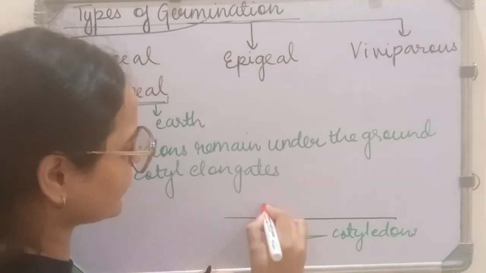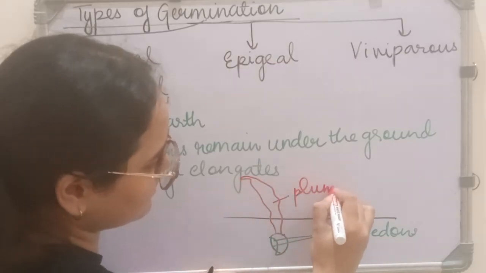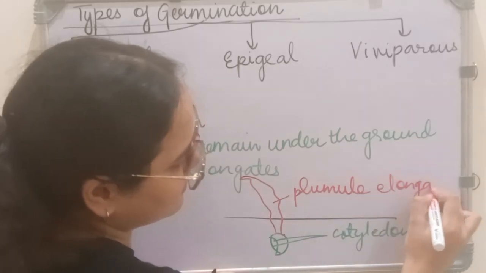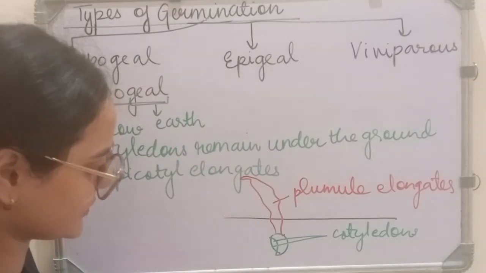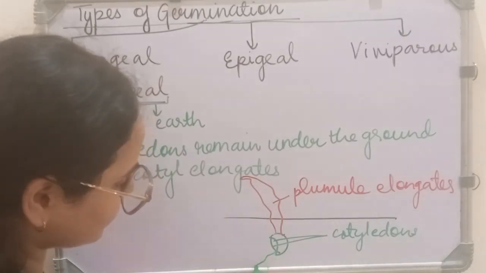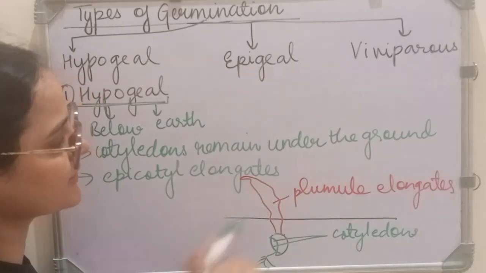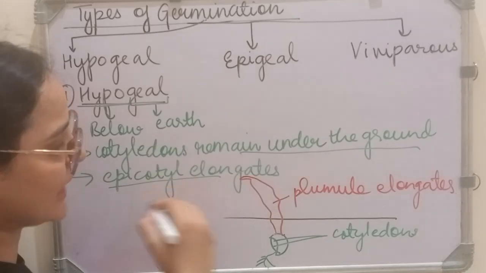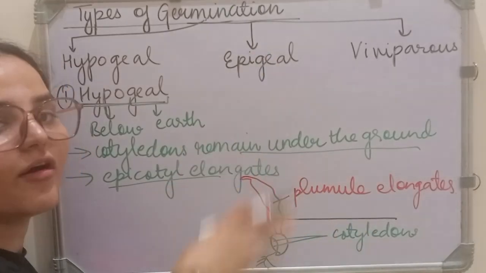So the epicotyl elongates, means the plumule elongates. And later on the radicle forms root. So later roots will be formed. The cotyledons are under the ground, and the epicotyl elongates. This epicotyl only forms plumule which comes out of the ground and elongates further.